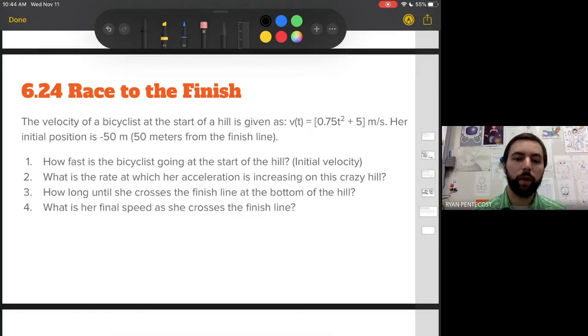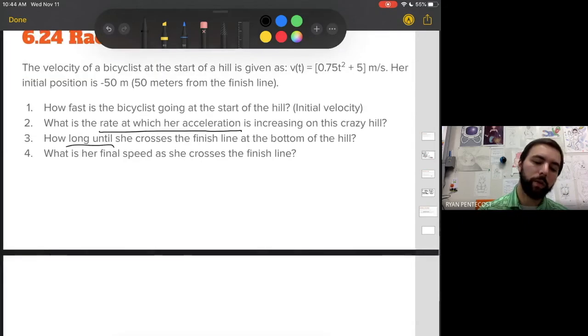So that means that we're actually going to have to find the rate of change for acceleration, which is jerk. Then how long until she crosses the finish line at the bottom of the hill? So then we will need time for position. Then what is her final speed as she crosses the finish line? So we'll take that time, put it into velocity. Okay, so we can do this.